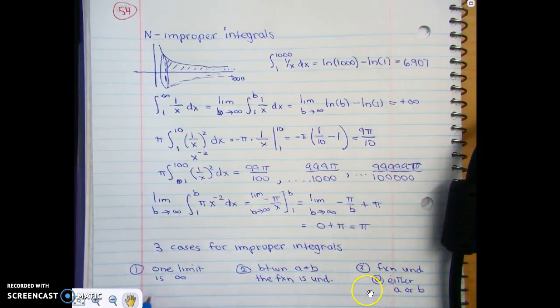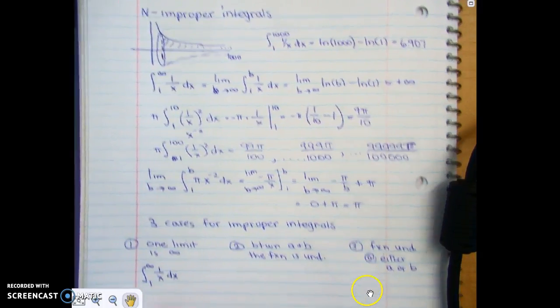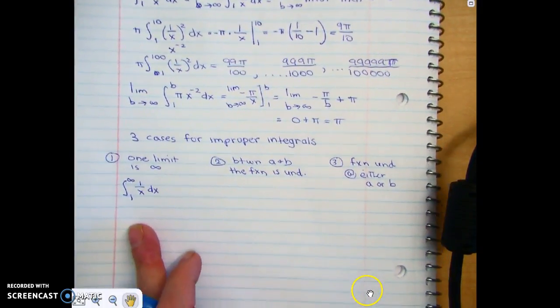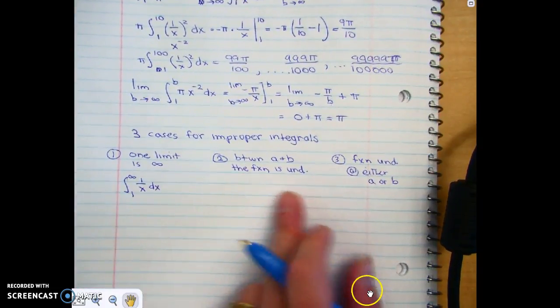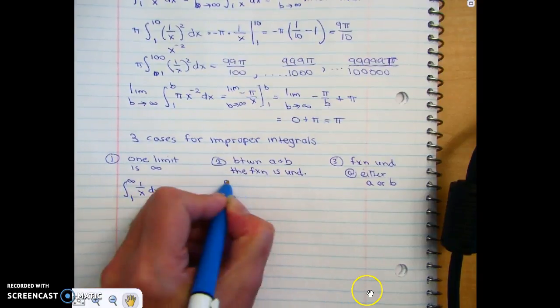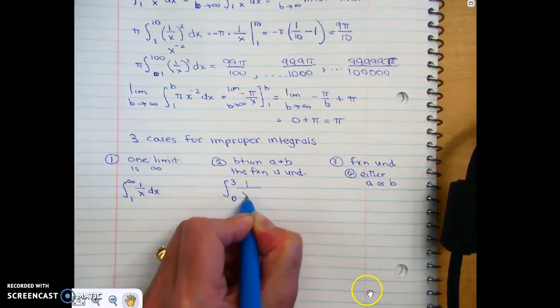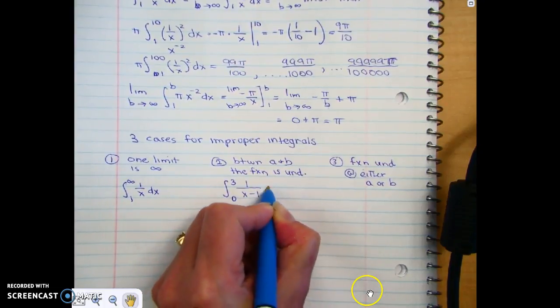So we just looked at a situation like this, the integral from 1 to infinity of 1 divided by x dx. That was what that integral would look like. And here's an example of this one. The integral from 0 to 3 of 1 over x minus 1 dx.